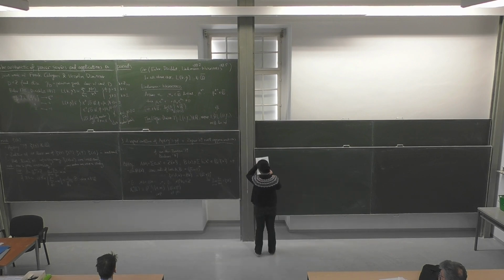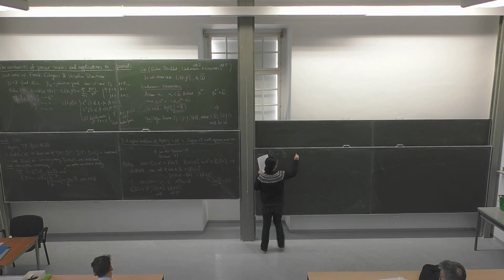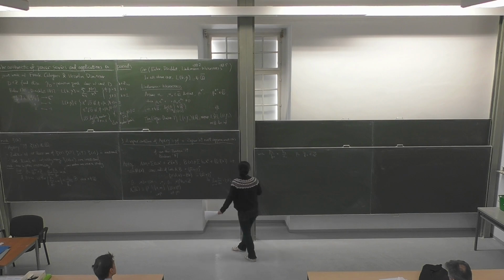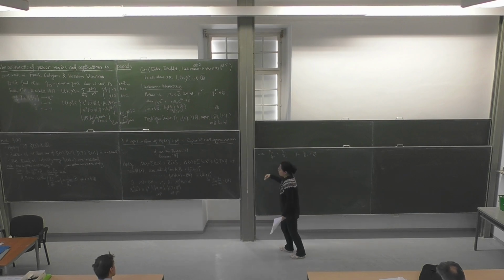So let me just write Pn over Qn equals Bn over An. And we want Pn, Qn to be integers. So the issue here is that, although An are integers, Bn's are not. So that's why we need to kill the denominator. Why is this property important?